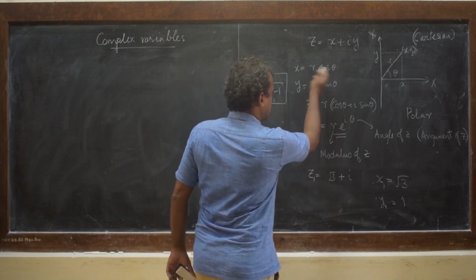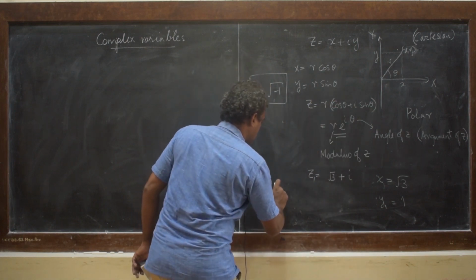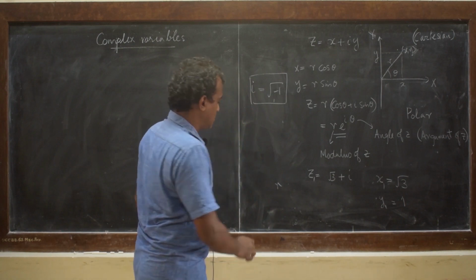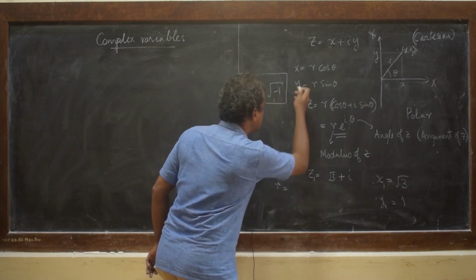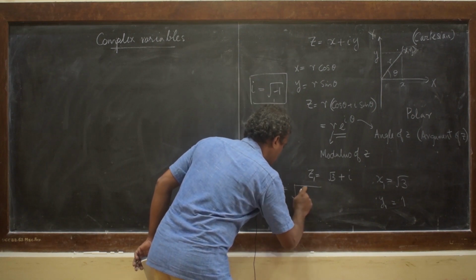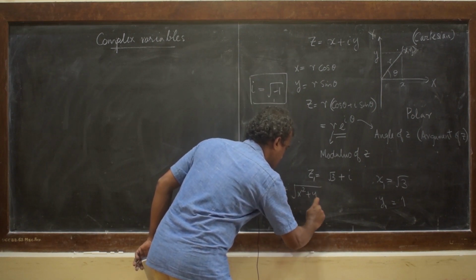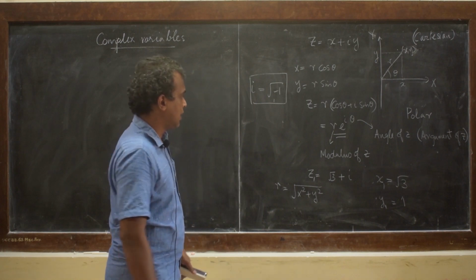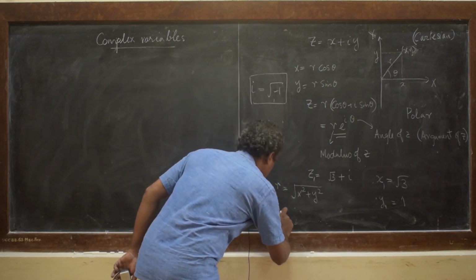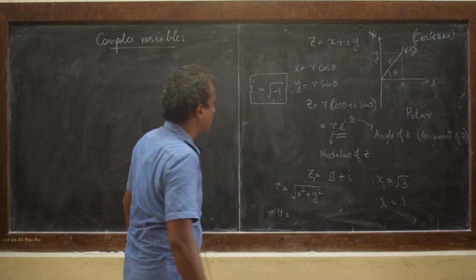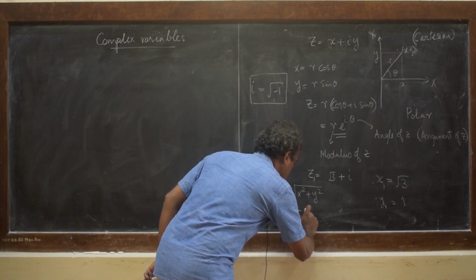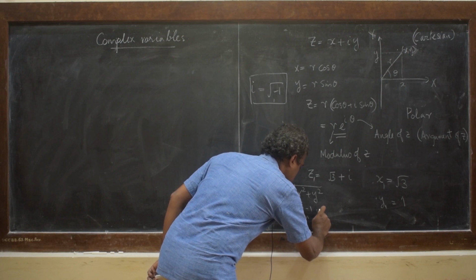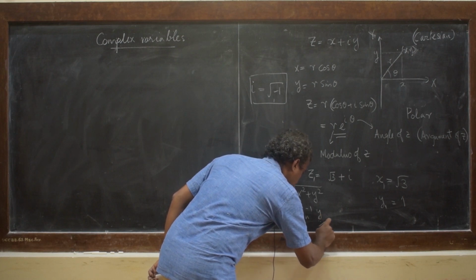If I want the inverse relation, which is to get r in terms of x and y, that is easily seen to be square root of x square plus y square, while theta is inverse tan of y over x.